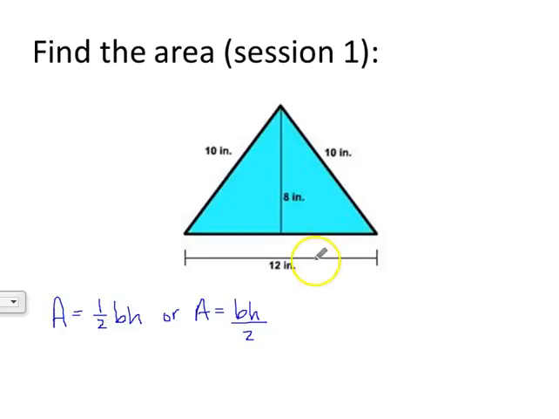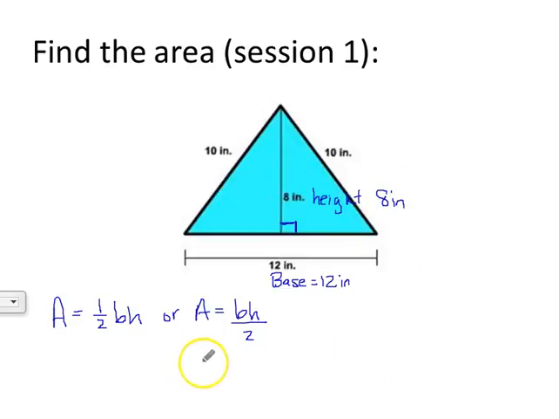Right here, this is the base. The base is equal to 12 inches. What about the height? Is it 10 inches? No, because we need to have that right angle. The height must form a right angle with the base. So the height is that measurement, that 8 inches.